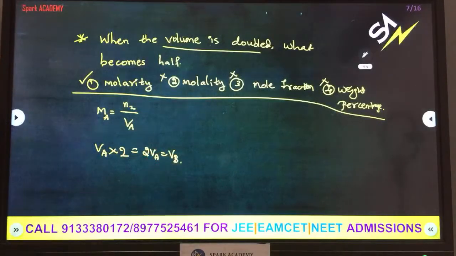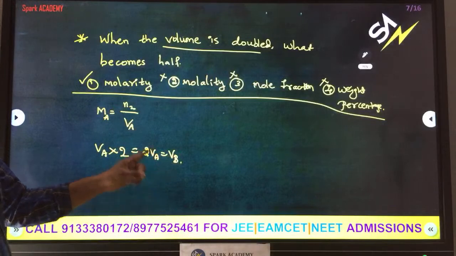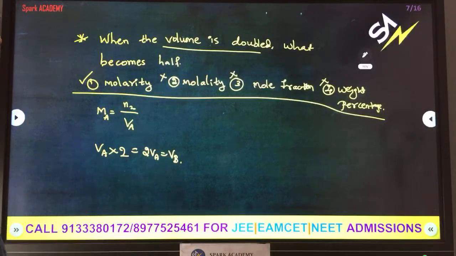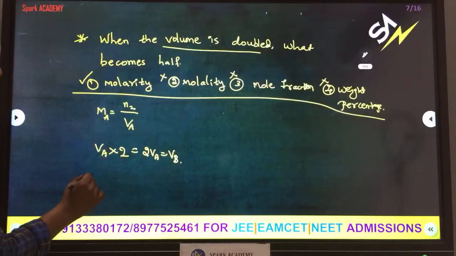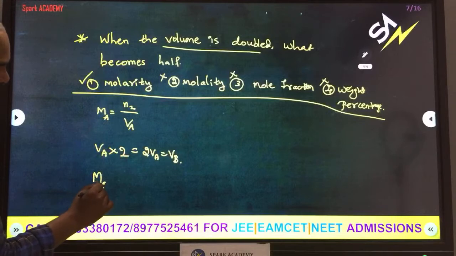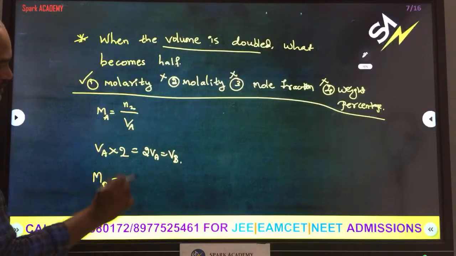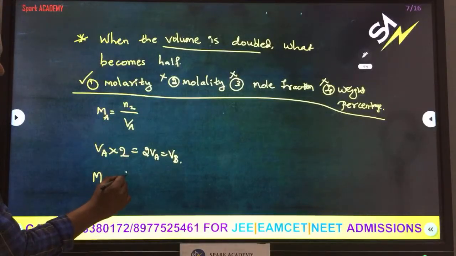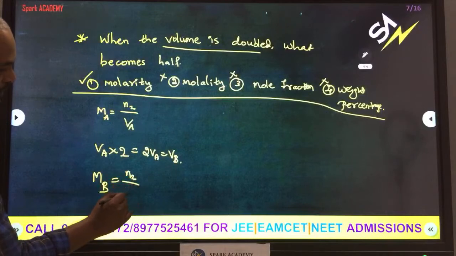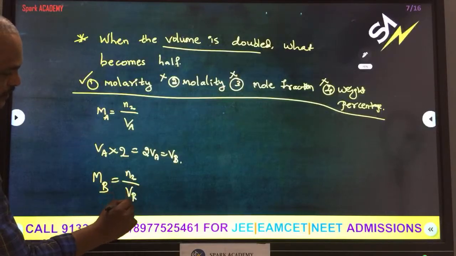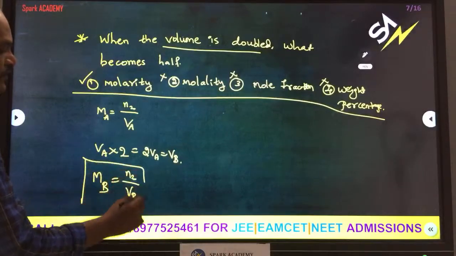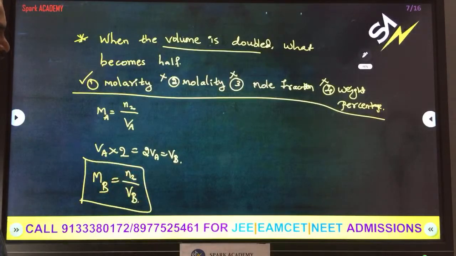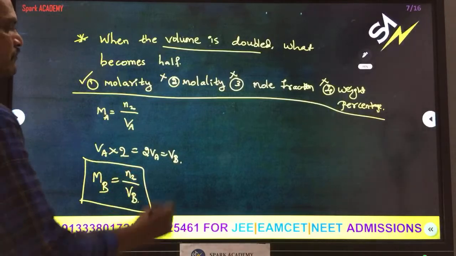Vb means this is the double volume of Va. That's good. Now when the volume is doubled, the molarity also changes. Mb comes. Mb equals n2 by Vb. Understood? So this is after we have doubled the volume.